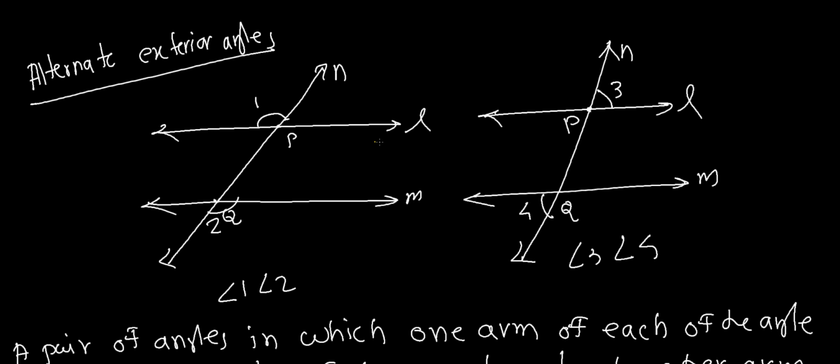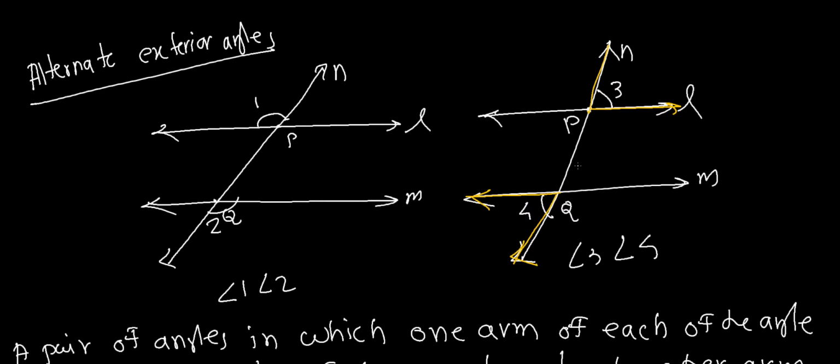So here angle 3 and angle 4, they have one arm on the opposite side, yes, and the other arm is going down, so that does not include line segment PQ.